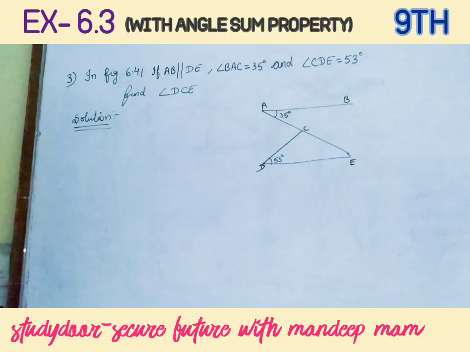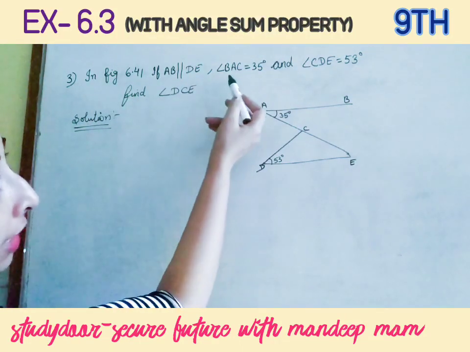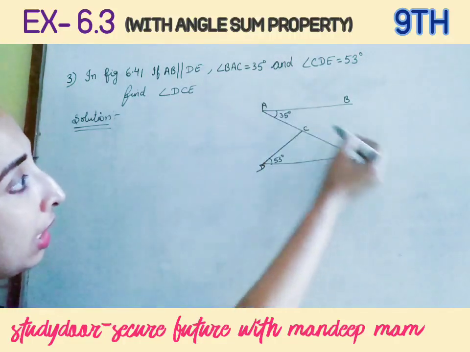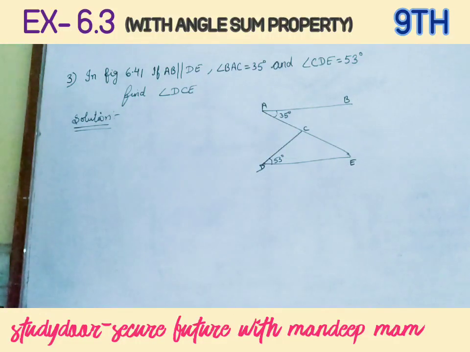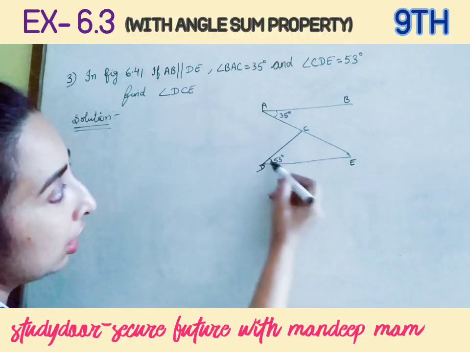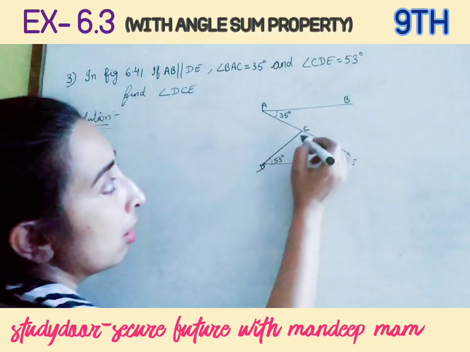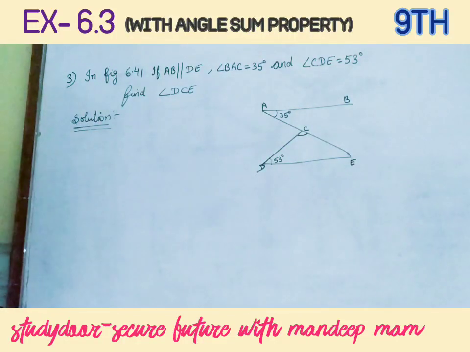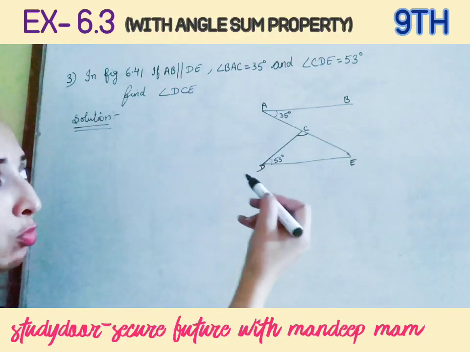For the third sum, in figure 6.41, AB is parallel to DE and angle BAC is equal to 35 degrees, and angle CDE is 53 degrees. Find angle DCE. Now we know that in parallel lines there are alternate angles and corresponding angles.